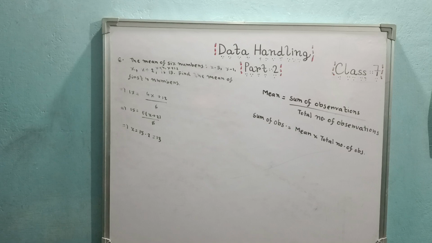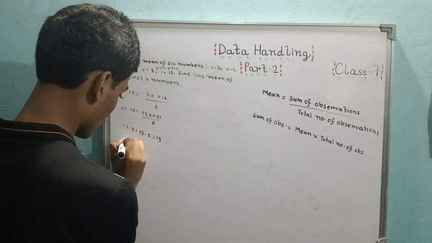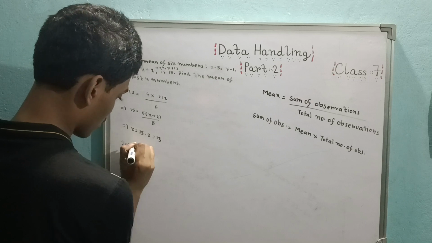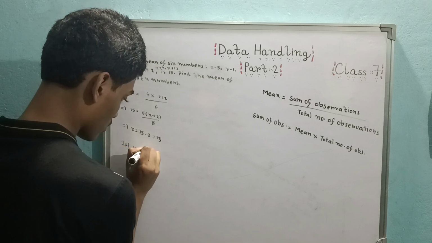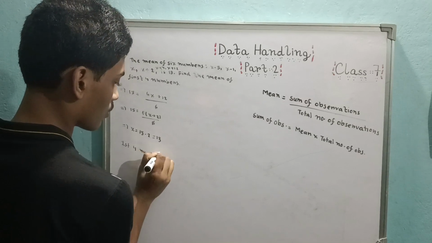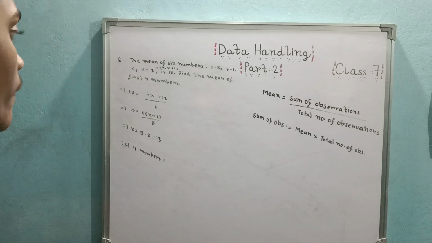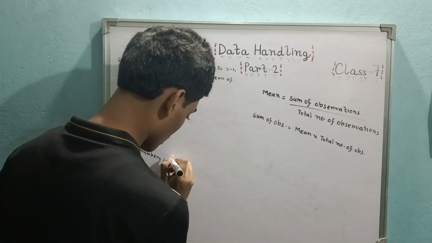Now what you will do? Then the first 4 numbers are what? First one is x minus 5, x is 13, so 13 minus 5, 8.